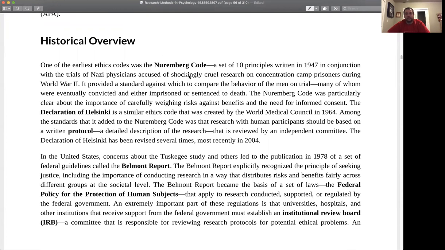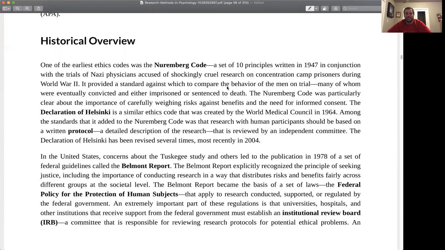So the Nuremberg Code happened after Nazi Germany, and all the research that they were doing in the concentration camps. And I'll put research in air quotes because we now know most of the research or the scientific gains that were talked about for a long time from Nazi Germany weren't that great.